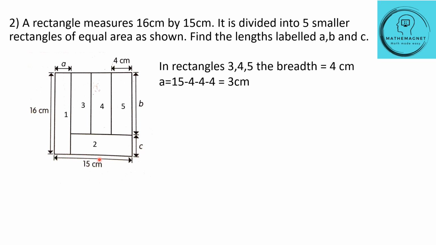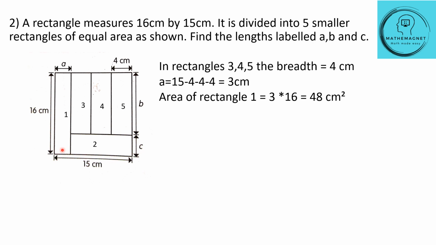With the value of A, now we can find the area of rectangle 1, because we know the breadth is 3 centimeters and the length is 16 centimeters. To find the area of a rectangle, it is length into breadth. So for rectangle 1, the area will be 3 into 16, which is 48 centimeters square.